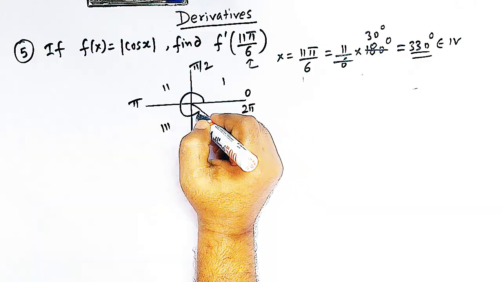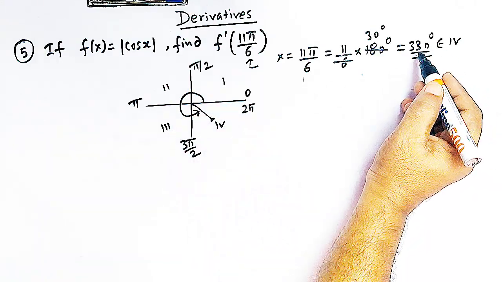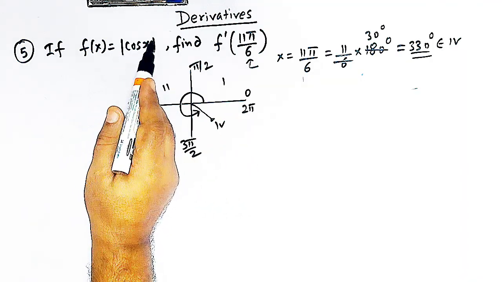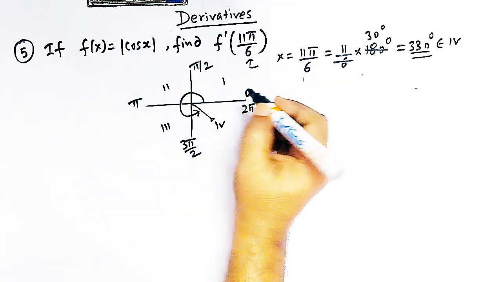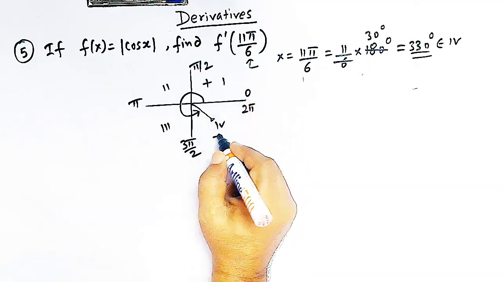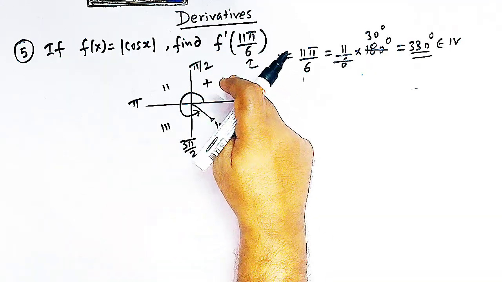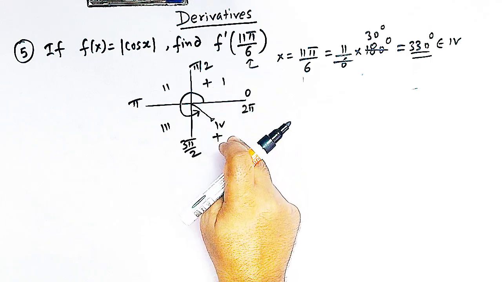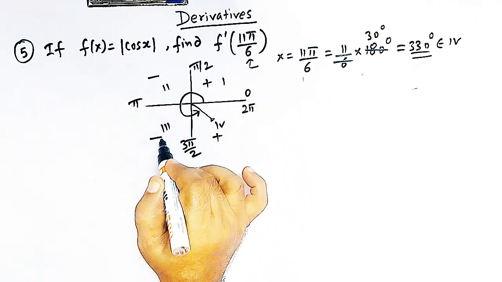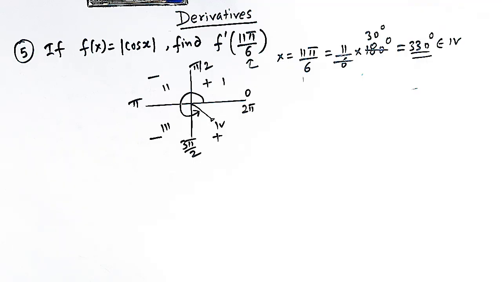So this angle is 330 degrees, and according to the sign convention, the cosine function is positive in the first and fourth quadrant, right? So in these two quadrants cosine function is positive, and in the second and third quadrant, the cosine function is negative, right?